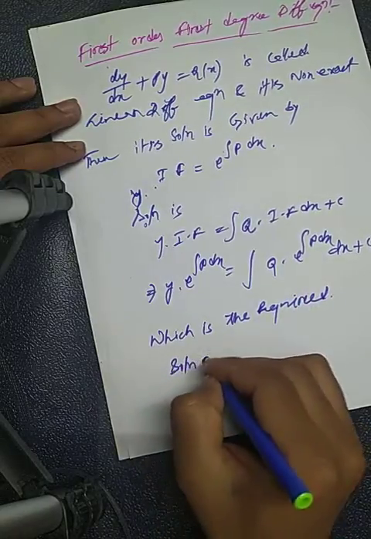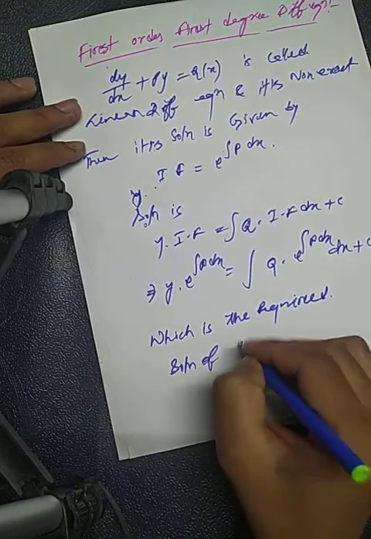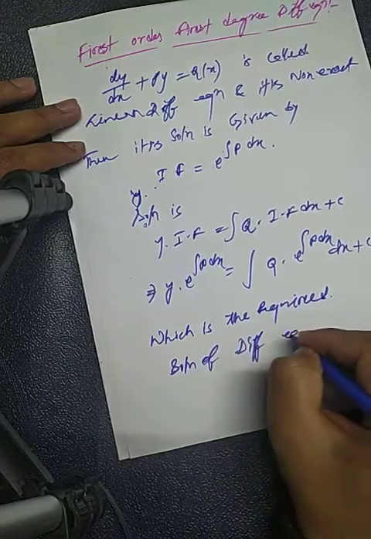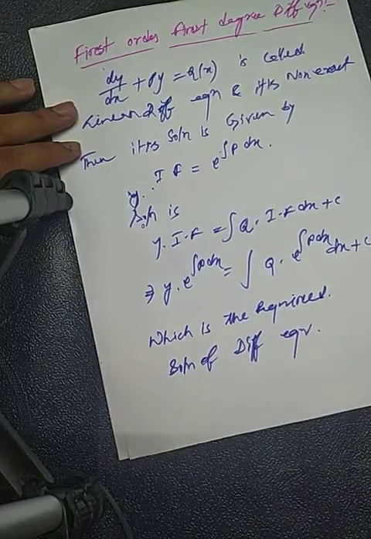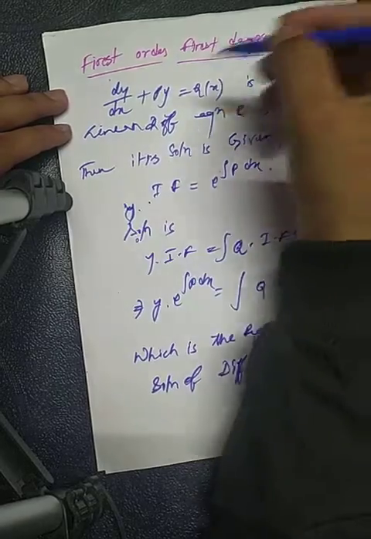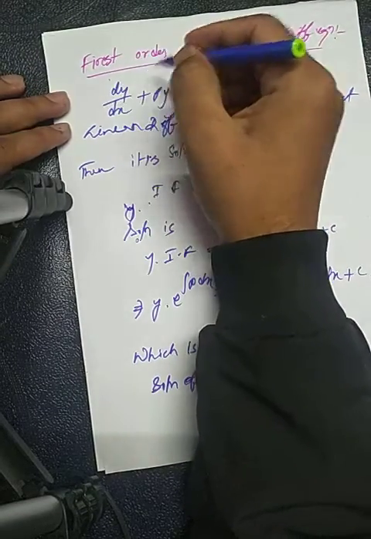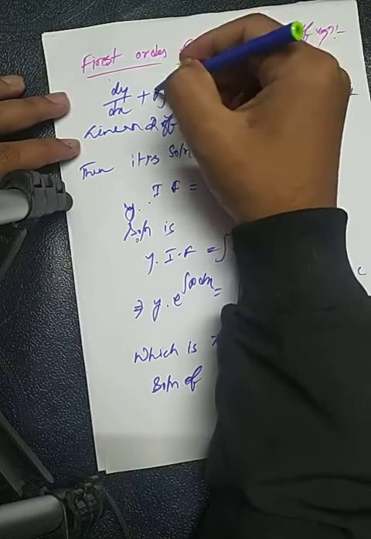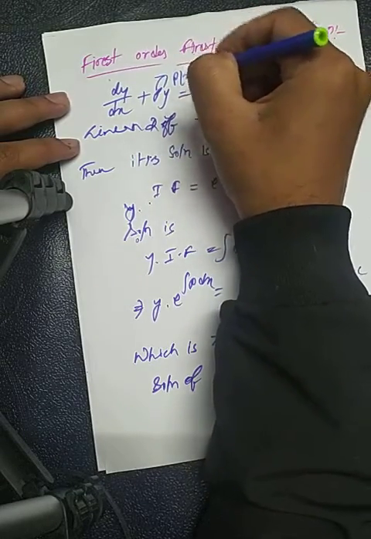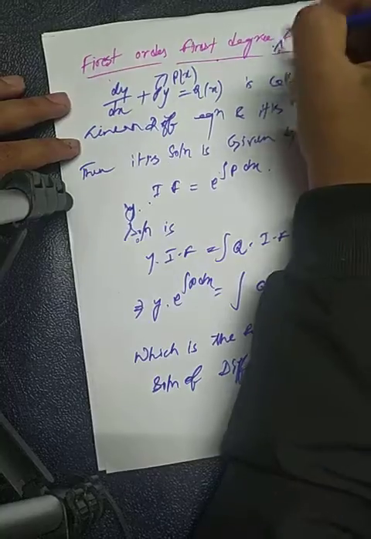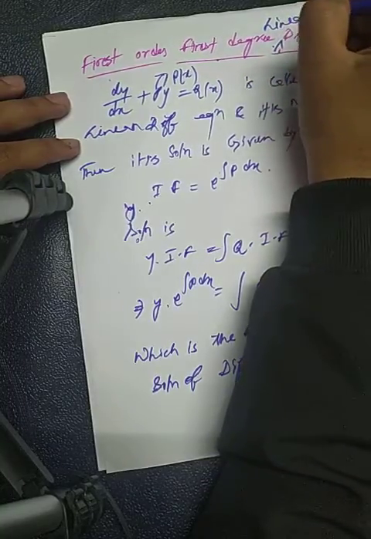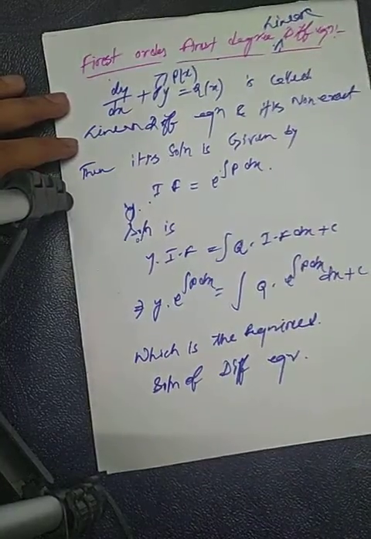Important to note that this equation is linear because y dash is not involved, and P is a function of x. So we can say first degree linear differential equation.